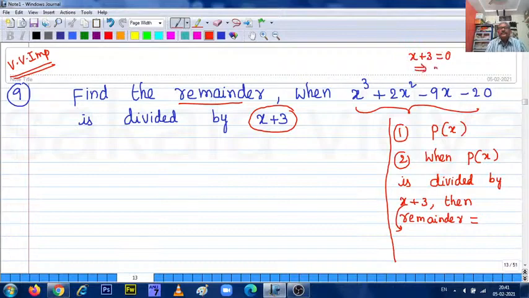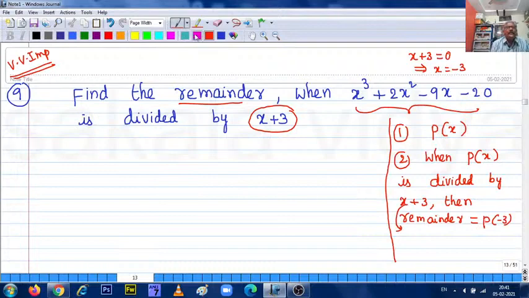So x is equal to minus 3. So that means remainder is p of minus 3. That means in the place of x, substitute minus 3, you get the remainder.